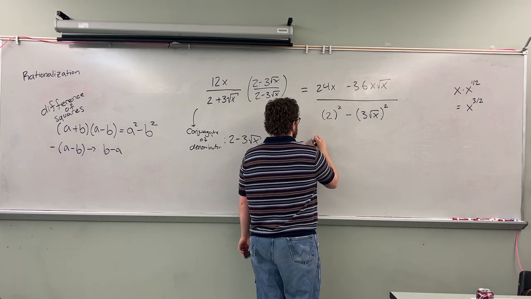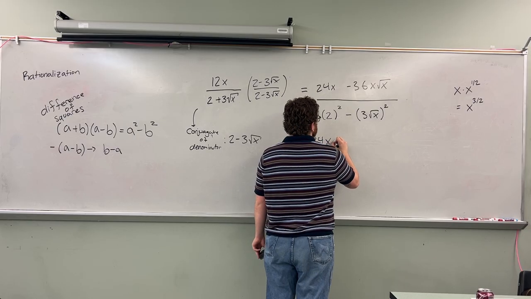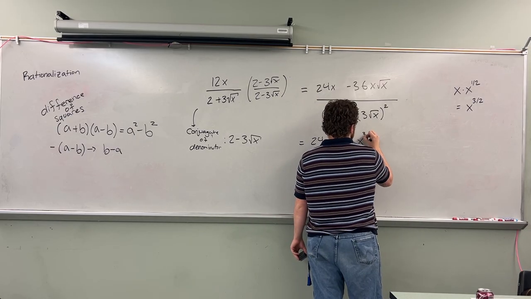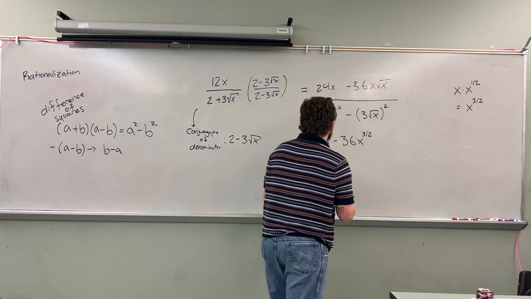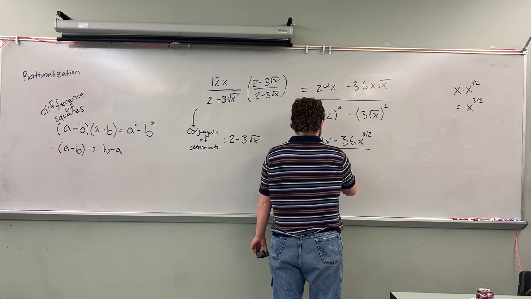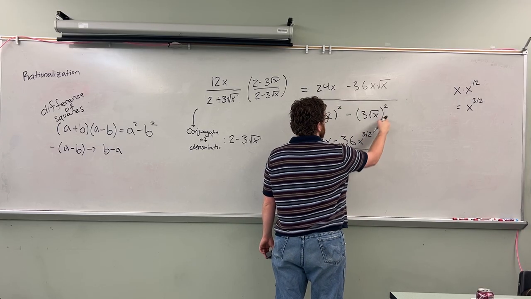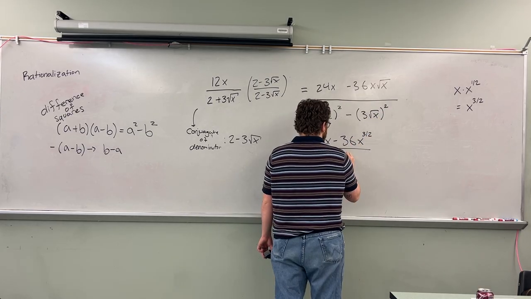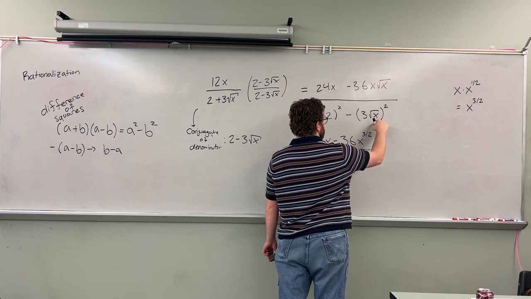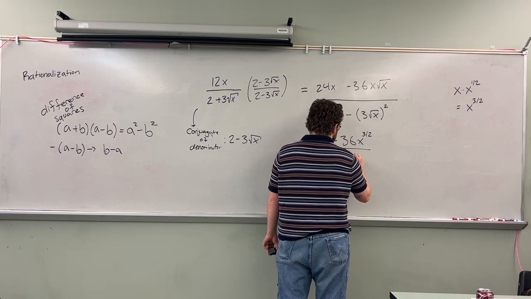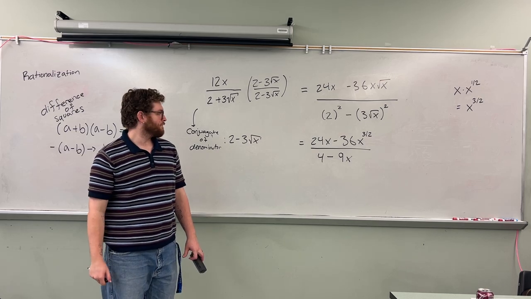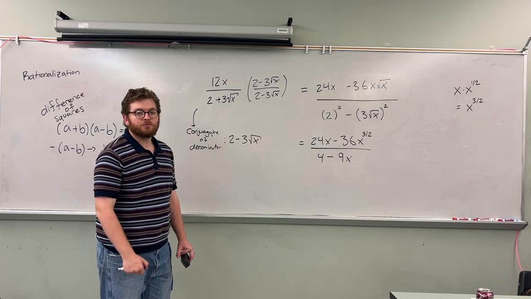All right, so that's 24x minus 36 x to the 3/2 over 4 minus, I need to square both things in here. 3 squared is 9, and square root of x squared is x. And that's what we're left with here.